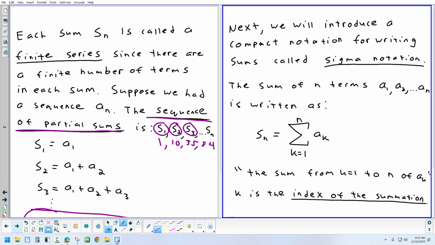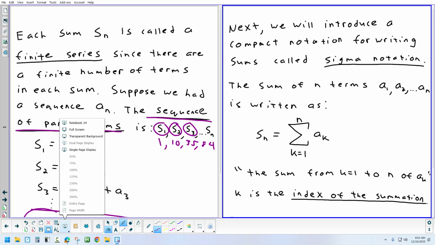So writing this down is okay, but the problem is it starts to get really long. Like if you wanted to represent adding up the first 300 terms, we don't want to have to write out 300 things added together. Okay? It'd be nice if we had a quicker way to write that down, and we do. Okay?